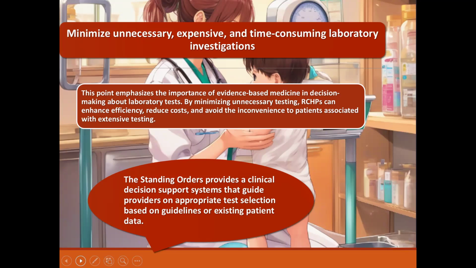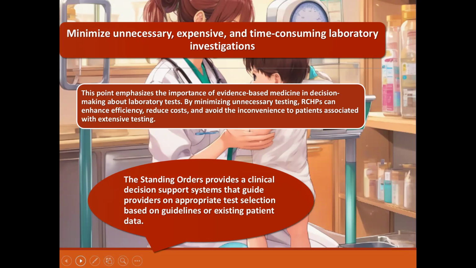The standards provide a clinical decision support system that guides providers on appropriate test selection based on guidelines or existing patients' data. So because of likely conditions and likely findings, if it is cough, for example, with fever and blood in sputum, it might likely be TB.